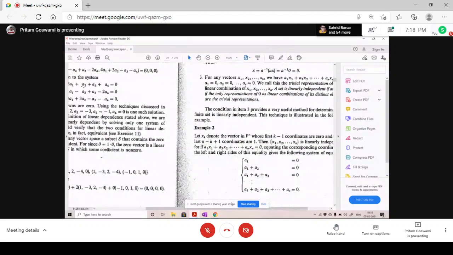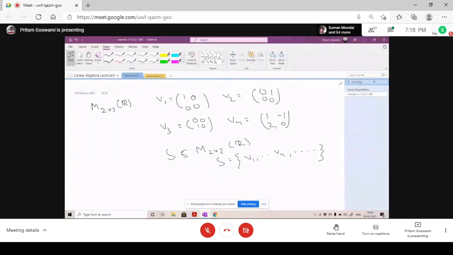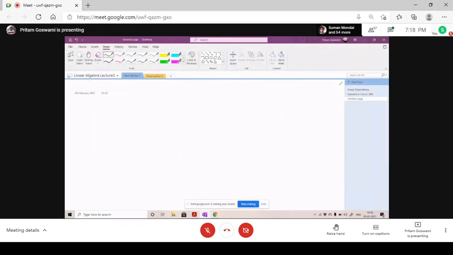Here is an interesting example. Suppose the vector space is given by Rn, all n-tuples of real numbers.